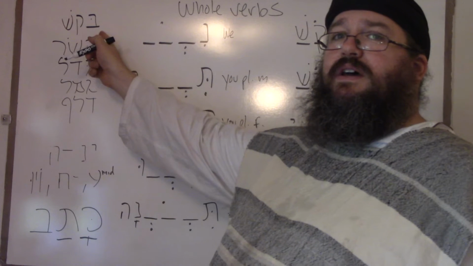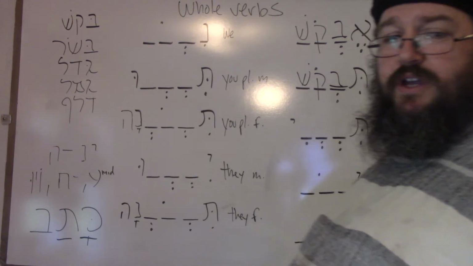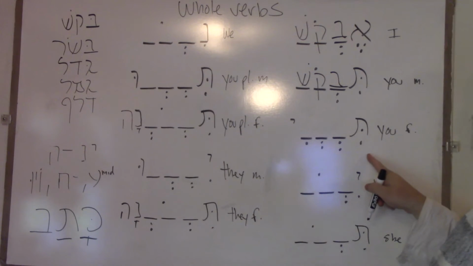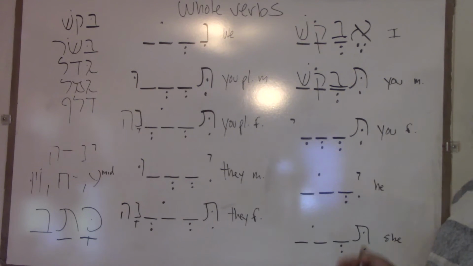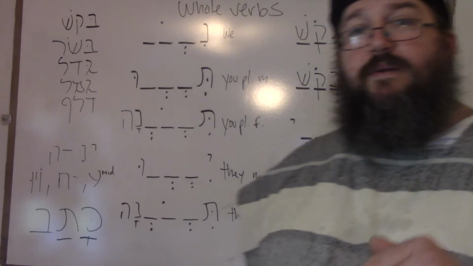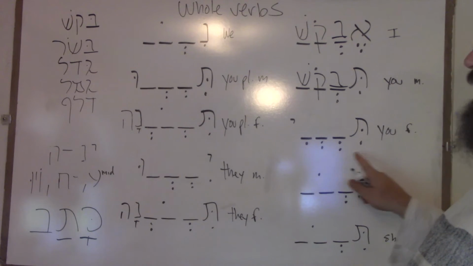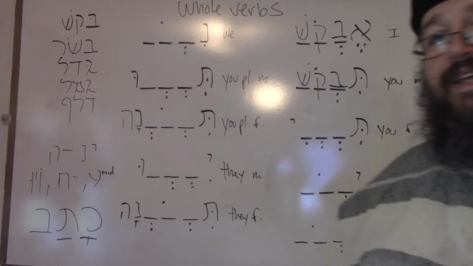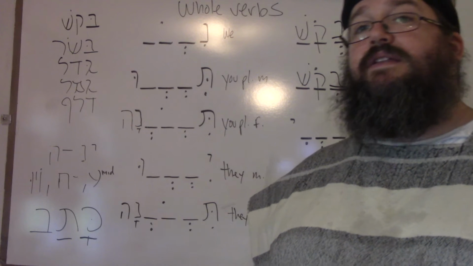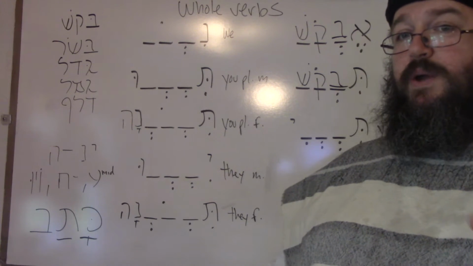Same thing. Now we're going to take the root over here and do it for the second person feminine. Now notice, the second person feminine, if we look closely at it, we see a tav in the beginning and the yud at the end. The yud at the end is the indicator. This is the feminine second person form, okay?